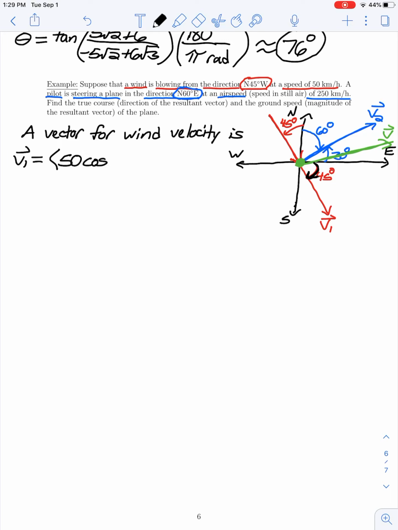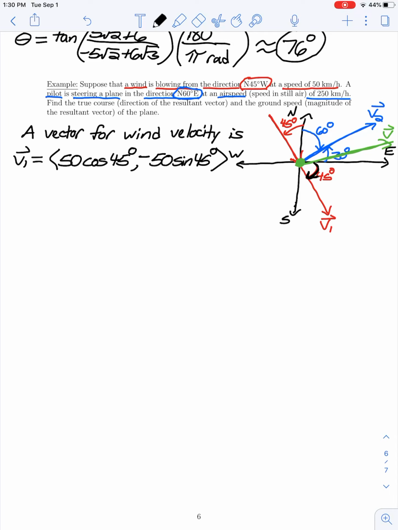To get our x coordinate, we would take 50 times cosine of that angle measure, 45 degrees. Now to get our y coordinate, we would take the wind speed, 50, which is the magnitude of our velocity vector V1, times sine of the angle 45 degrees. But since this vector lies in quadrant 4, this y component is negative.